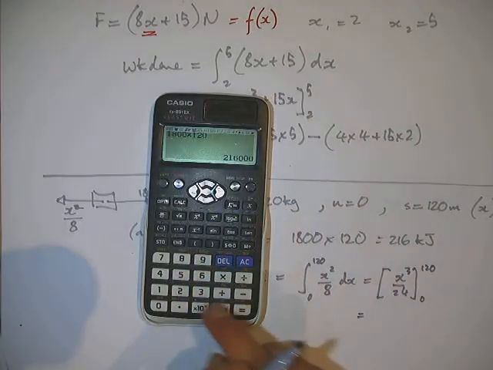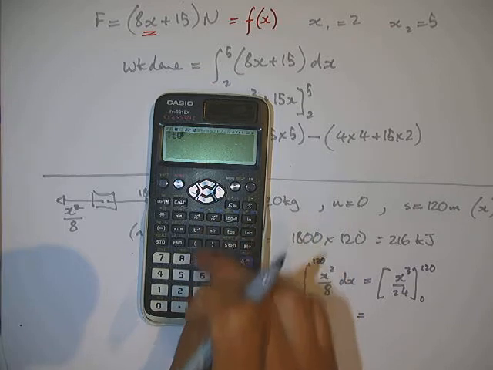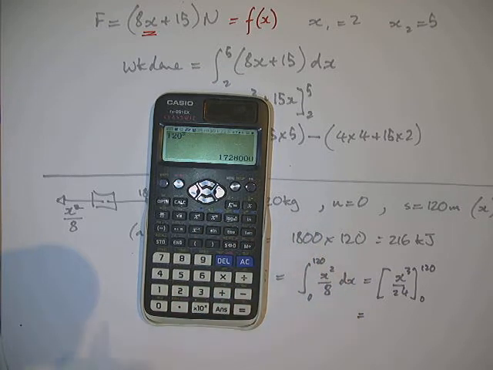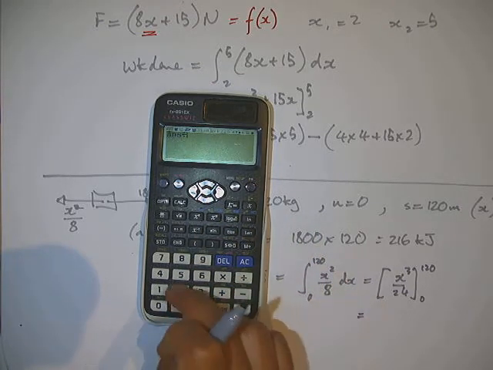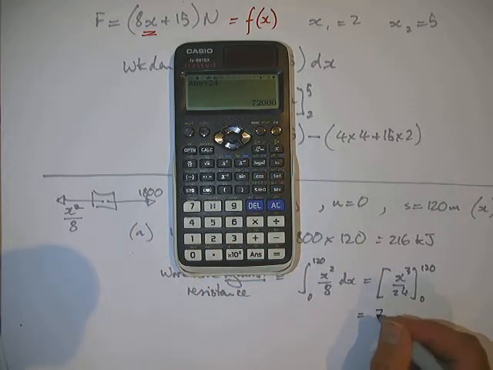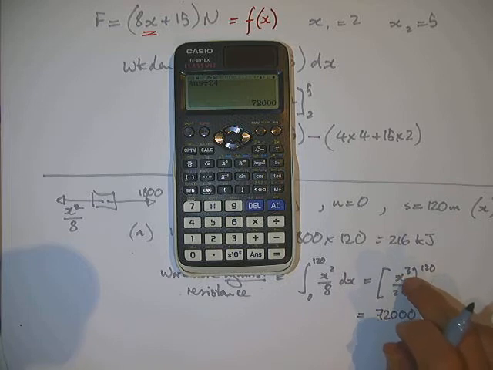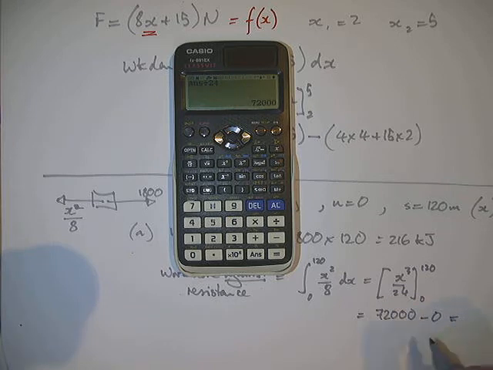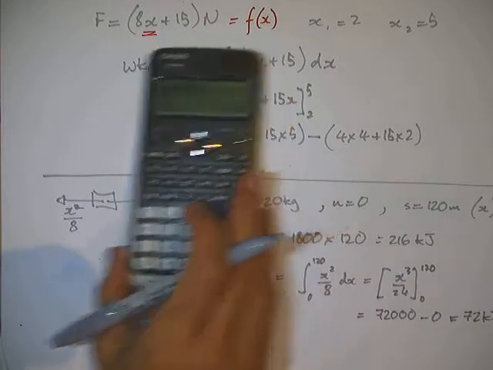That's going to be quite a big number, isn't it? So 120 cubed divided by 24, which is 72,000. Always check that 0 gives 0 here. If that had been e to the x or other functions, we wouldn't get 0 here. So 72 kilojoules. That's what we want for part A.